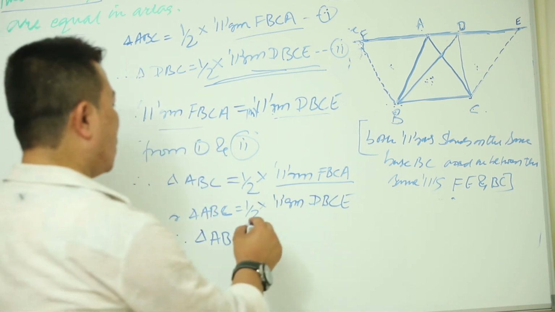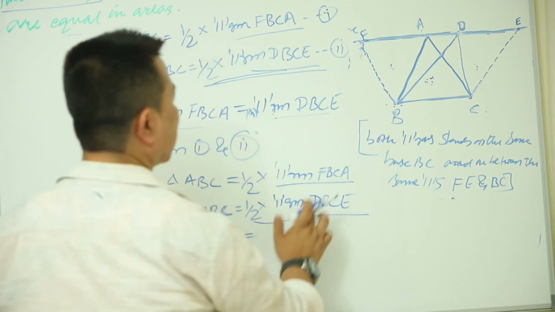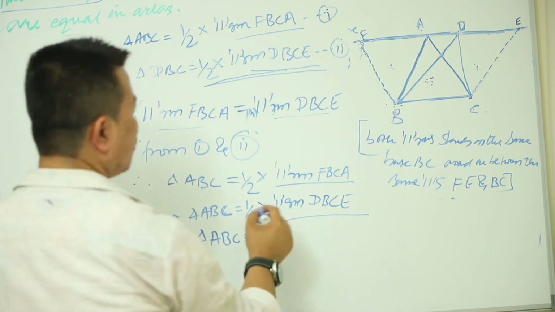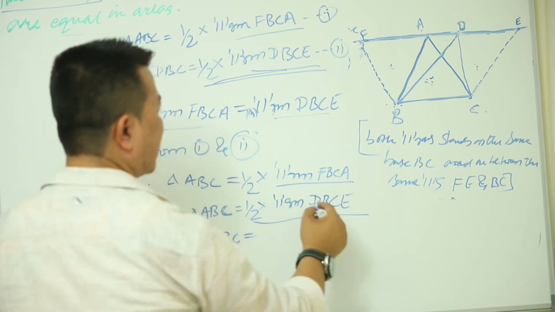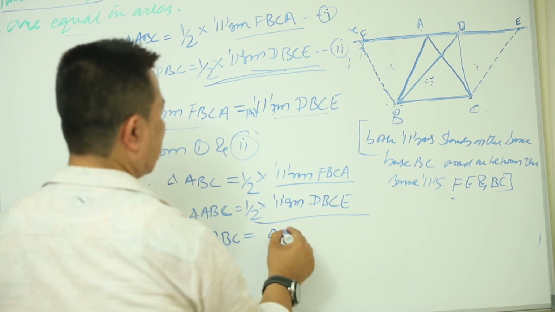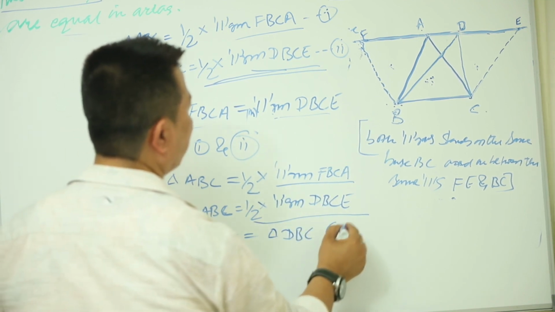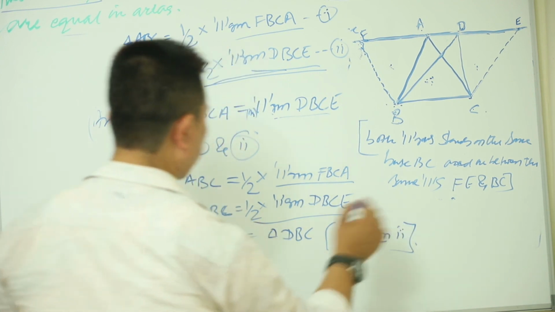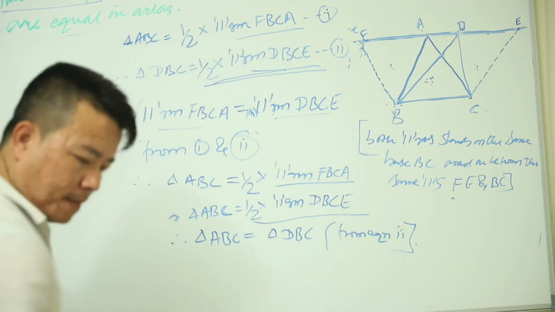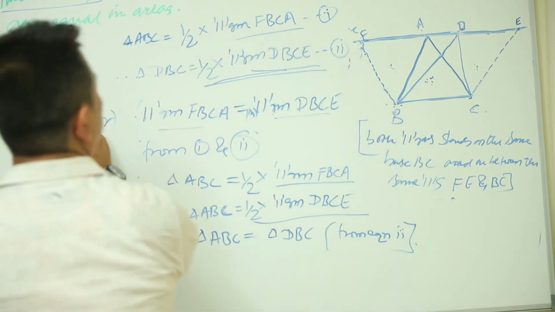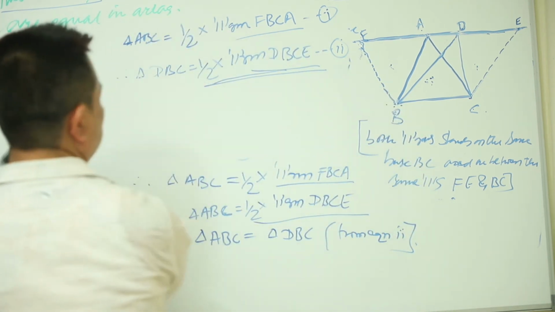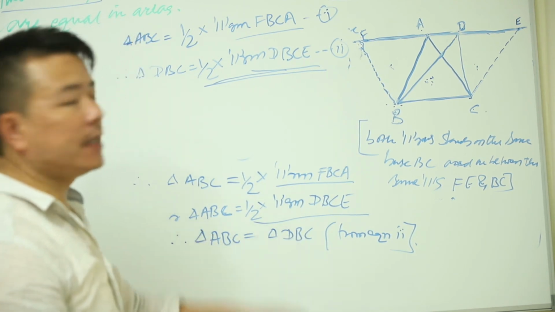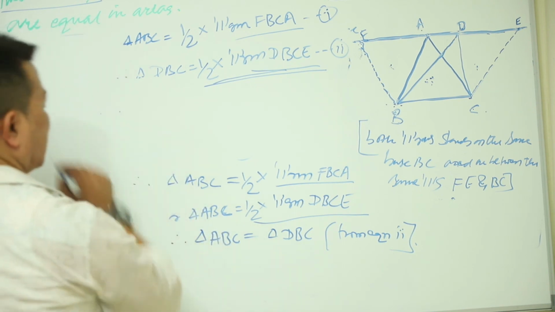So half parallelogram DBCE can be replaced by triangle DBC from equation 2. So what we wanted is already proved now. Therefore, these two triangles are equal.